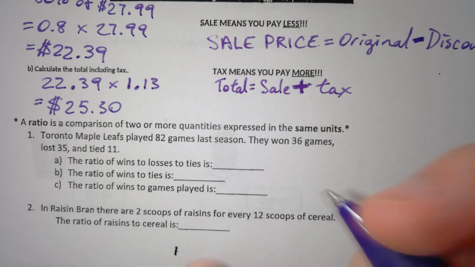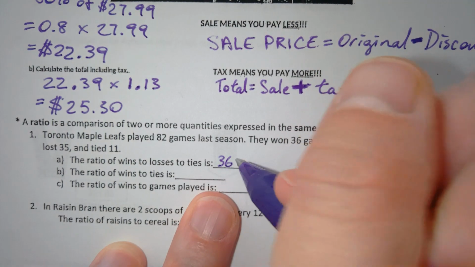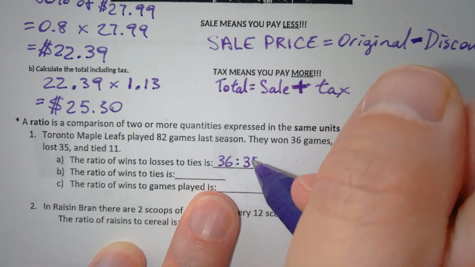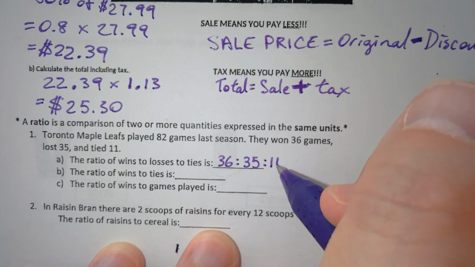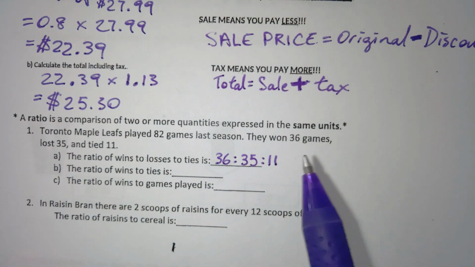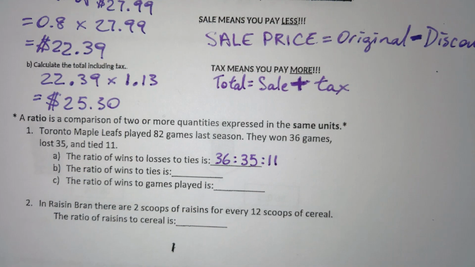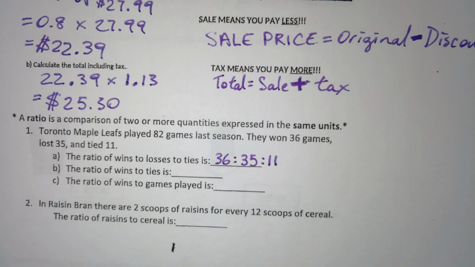Parson? 36 to 35, and 11 ties. Right. Does the order matter? Yes. So make sure when you write a ratio, the order does matter. Ratio of wins to ties. Afnan.